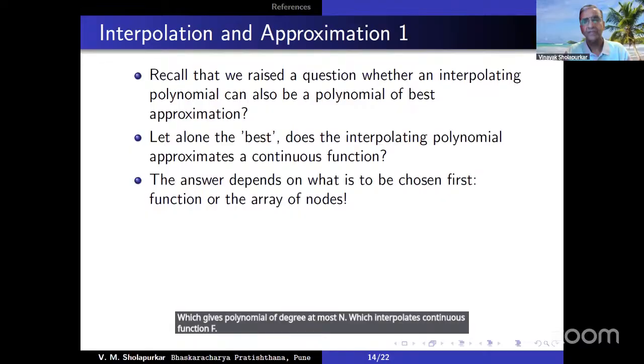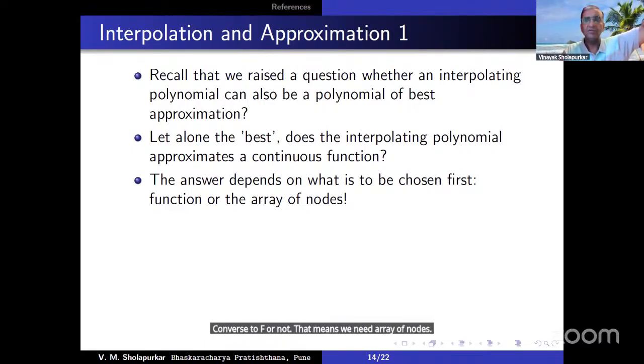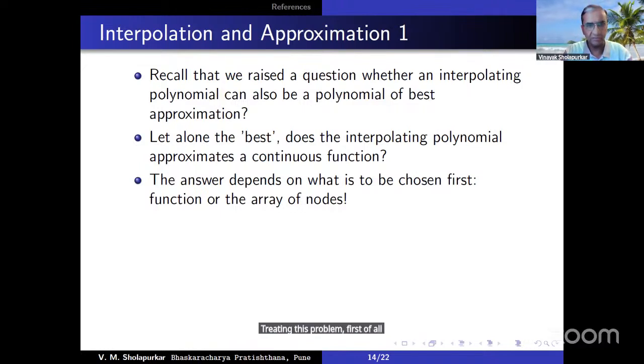This we need for every n, and then we can check whether ln f converges to f or not. That means we need an array of nodes. So for finding a polynomial of degree less than or equal to 1, we need nodes, for degree less than or equal to 2, and those points could be different. So we need an array of nodes for treating this problem.